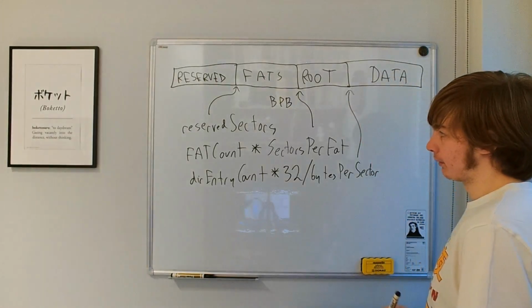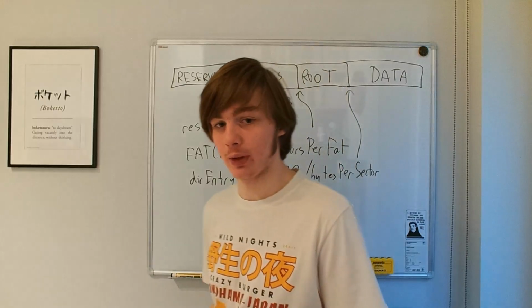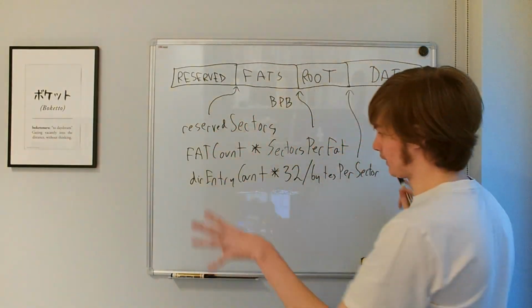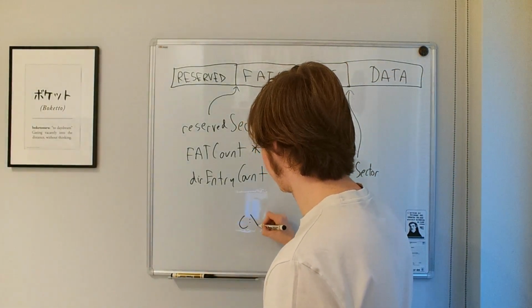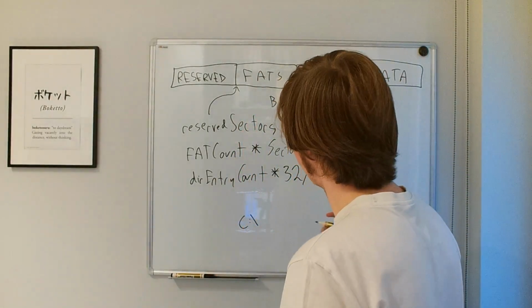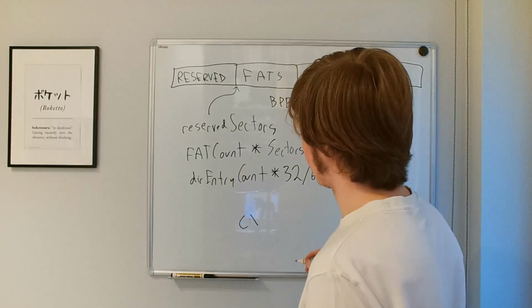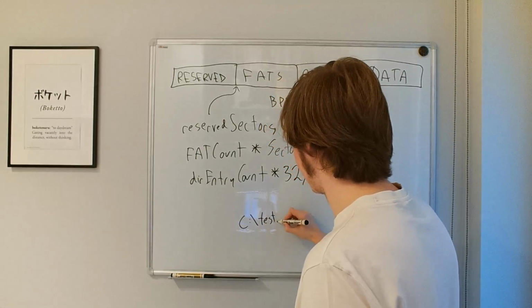Okay, let's say that we actually want to read some file. So this is some disk, let's call it C, or some partition C even, it doesn't have to be a whole disk. And we want to read a file test.txt.